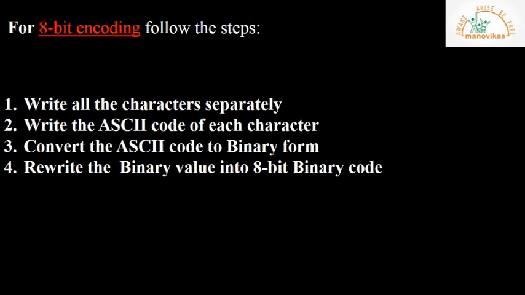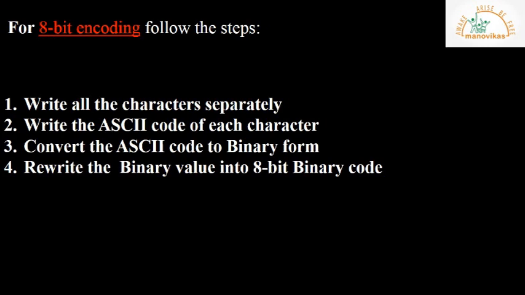A bit is a single digit in a binary code. We call it a bit. So the total number of digits in a binary code should be 8. That is what we say, like 8-bit code. 8-bit means there should be 8 binary digits in the binary code what you have formed.